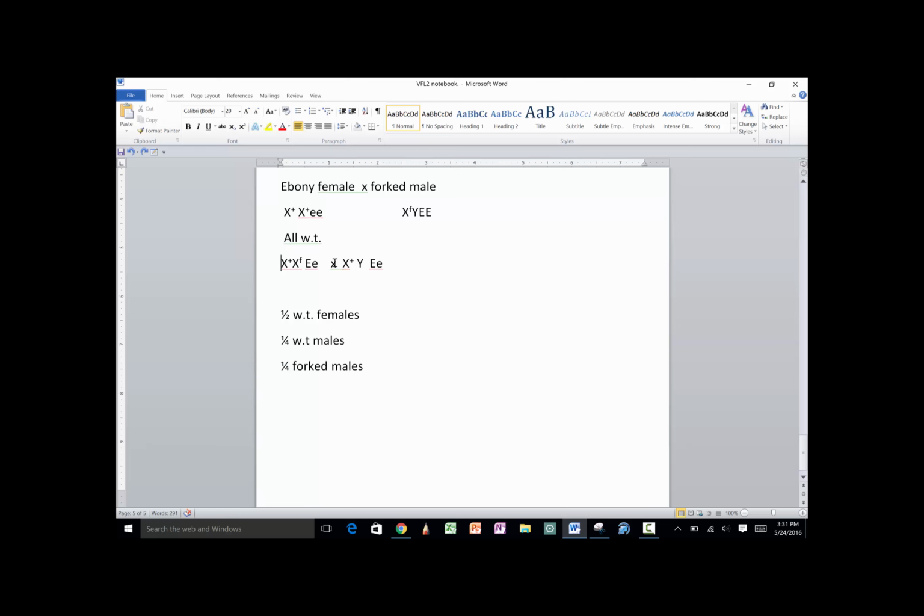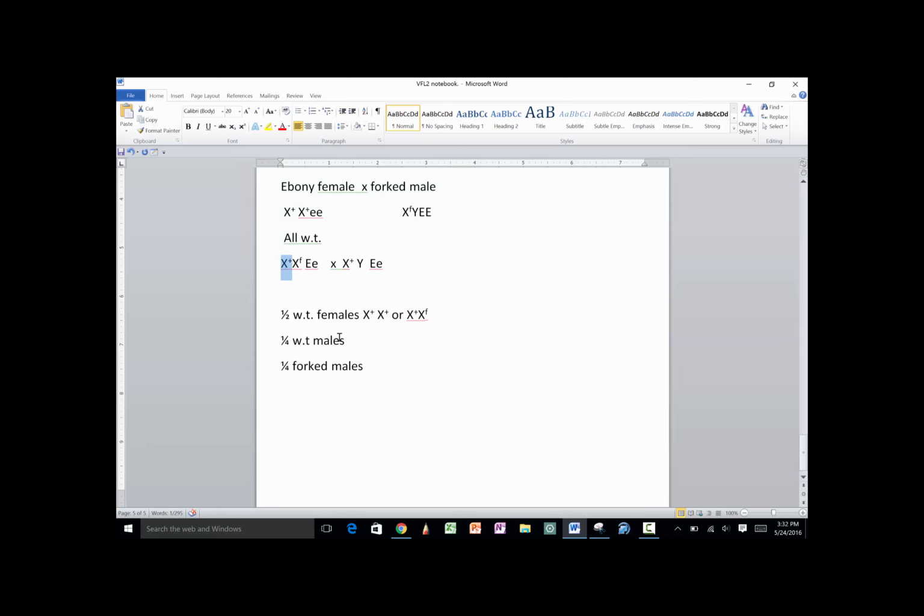So wild type female, they all get this. And then they can get either this or this. All right, so I can get those two things. Your males can get either one of these X chromosomes from mom.